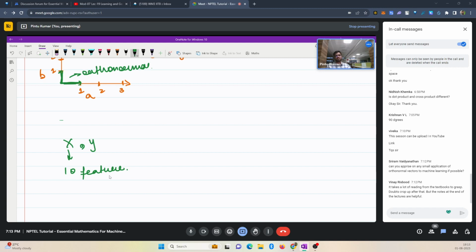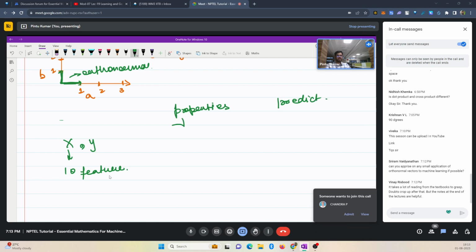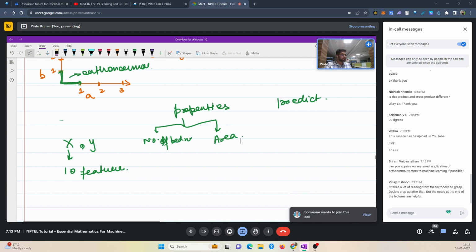The problem at hand is you have some properties of a house and you want to predict its price. You can have features like number of bedrooms, and a second feature can be the area of the house.